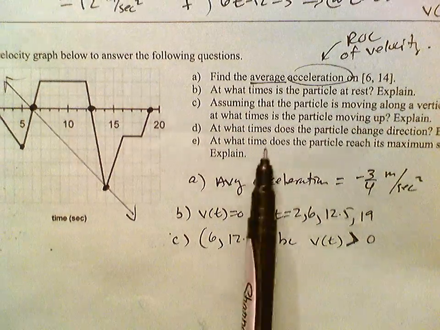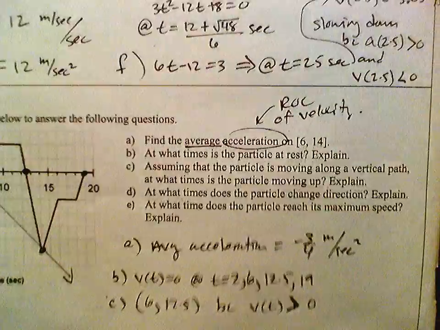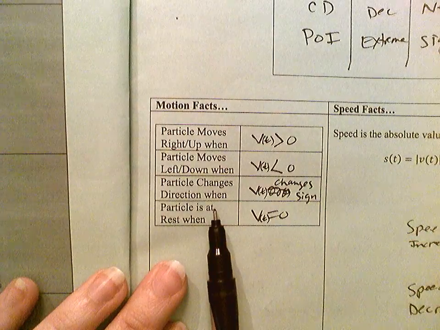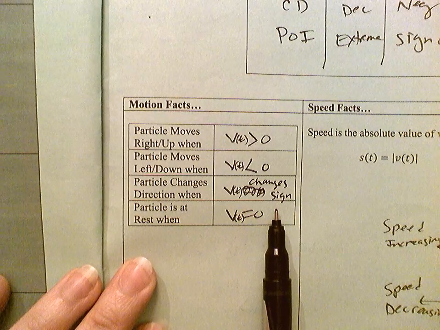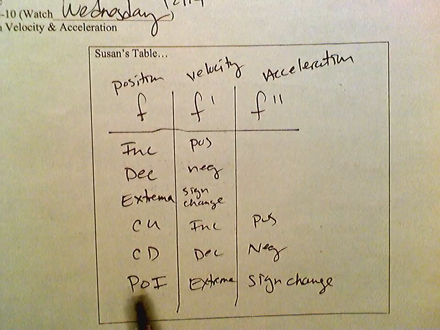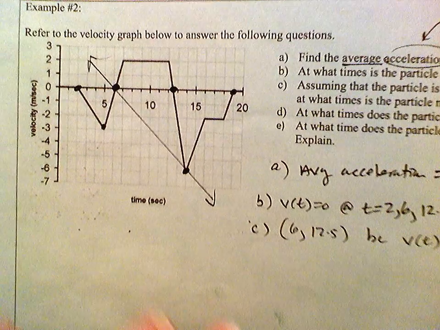D, at what times does the particle change direction? Explain. The particle is going to change direction when the velocity changes sign. This should be ringing a bell, guys, because we've been looking for sign changes all along. This is the same thing we've been doing, just with different words.